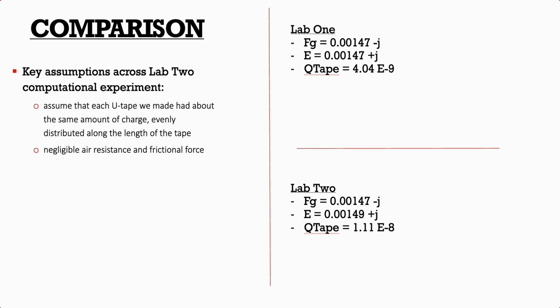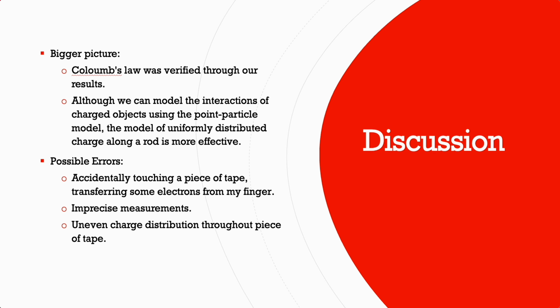Some key assumptions we used are that we had to assume each U-tape we made had about the same amount of charge and it was evenly distributed. And then we had to neglect the effects of air resistance and frictional force, which could contribute to this discrepancy between the two forces. The bigger picture of all this is that Coulomb's law and associated properties were verified through our results.